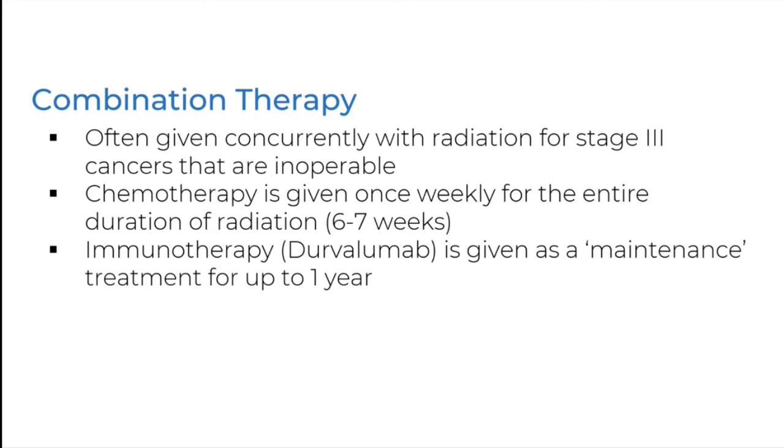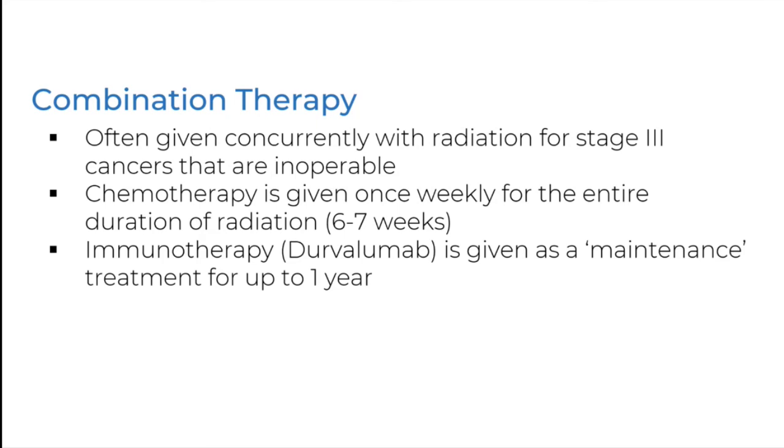Following that, immunotherapy using a drug called durvalumab is given as a maintenance for up to a year. So this approach helps prevent the progression of cancer and further augments the treatment effects from the chemotherapy and the radiation up front. And this approach has really been a game changer in terms of improving the prognosis of patients with stage 3 disease.